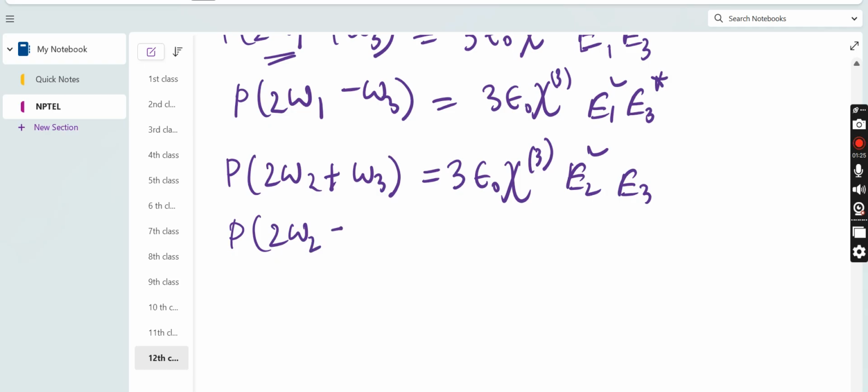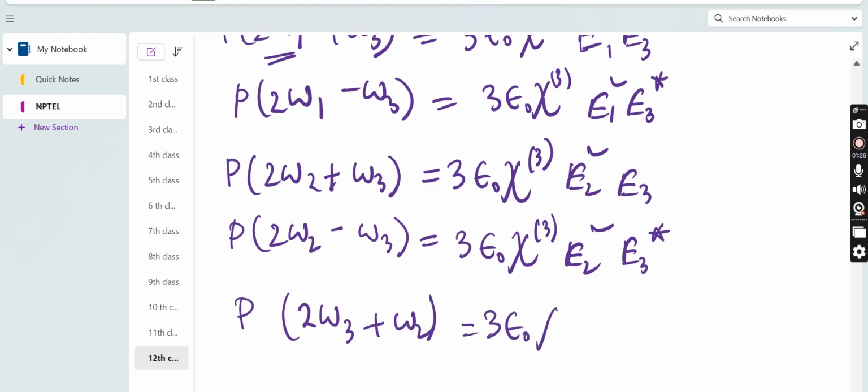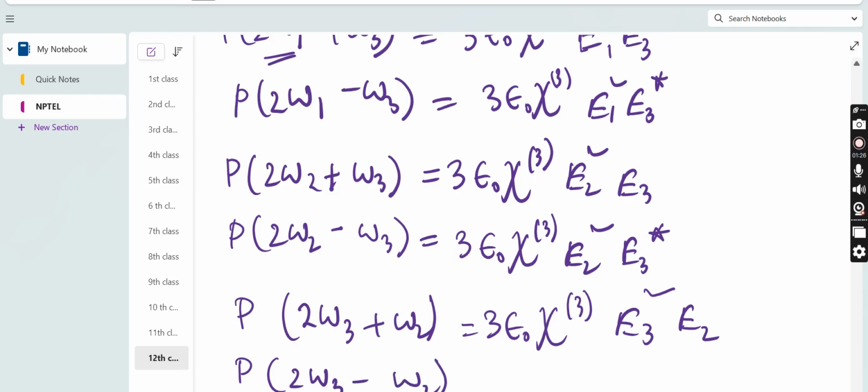E2, omega 3 minus omega 3, into square the 3 star. Into omega 2 plus omega 2, 3 square into, and the last but not least is this component.